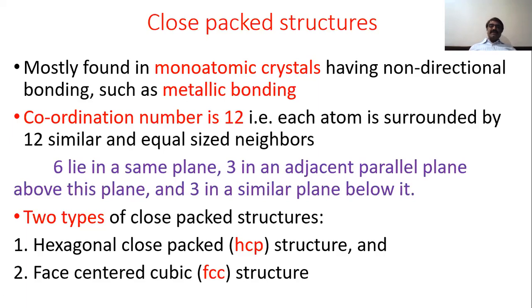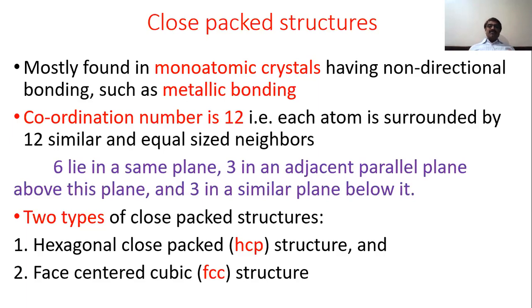So 6 neighbors in its own layer, 3 above, and 3 below: 6 plus 3 plus 3, so 12 neighbors. So the coordination number of the close packed structures is 12. This is the important characteristic of the close packed structure: a structure which has coordination number 12 is a close packed structure.